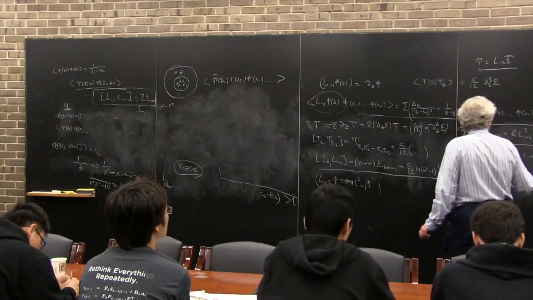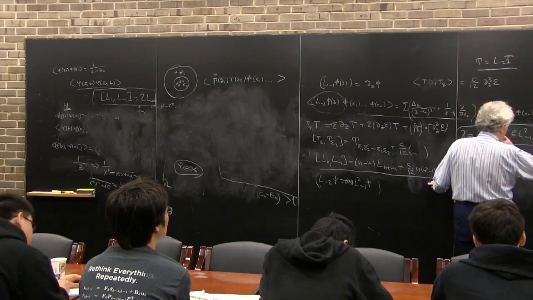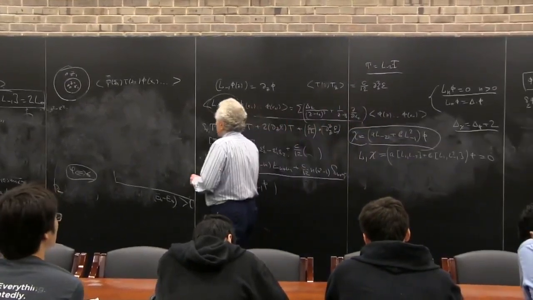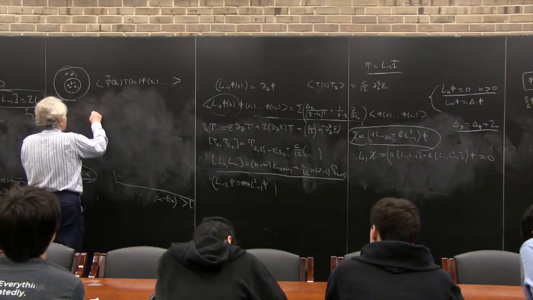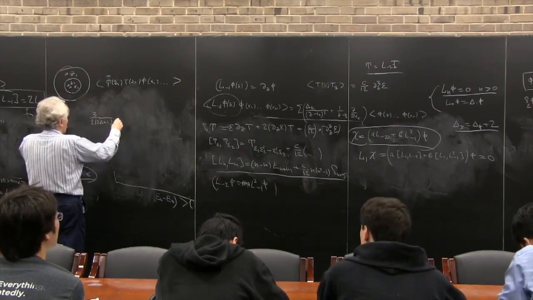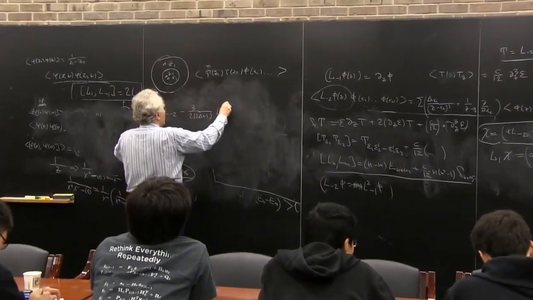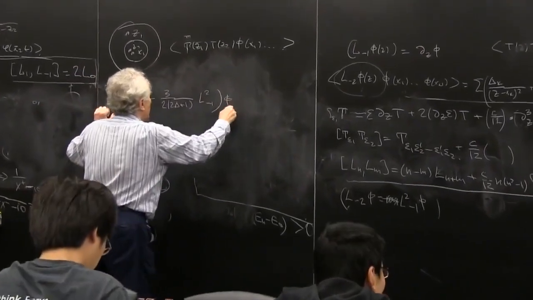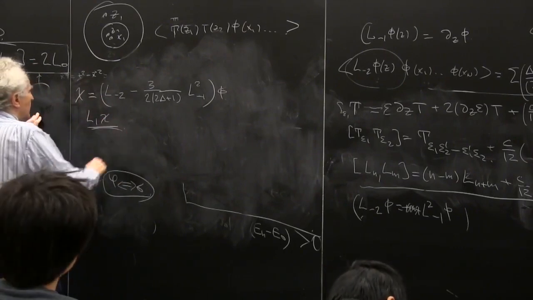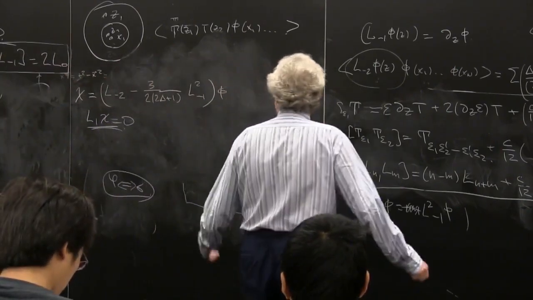Okay, so indeed here, since L1 annihilates phi, we have this condition, and it tells you that if you take this operator, this linear combination, for any delta, then this term is annihilated by L1.